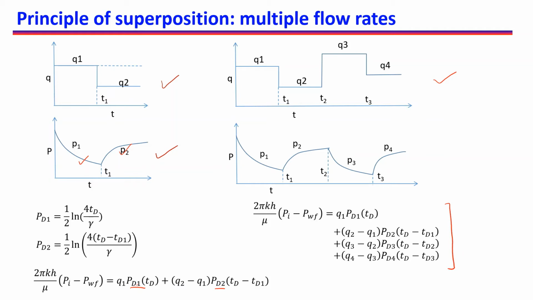We have one well flowing all the time at flow rate Q1, another well which is flowing at a flow rate of Q2 minus Q1, another well flowing at the rate of Q3 minus Q2, and another well at the flow rate of Q4 minus Q3. And using this we get this equation. And again, if we want to add skin, we know that we can add a skin factor using the final flow rate here if skin is there in the well.